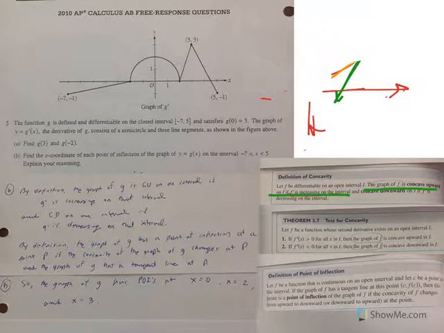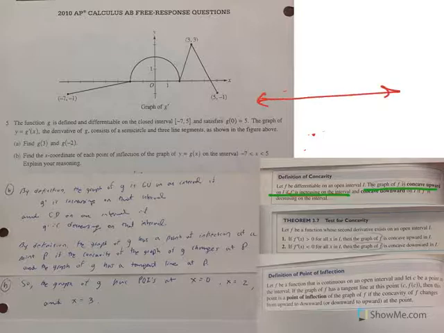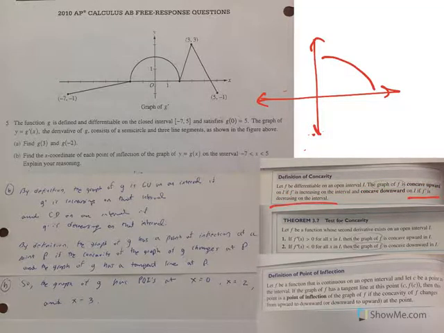And then if you look at what it means for a graph to be concave downward, so suppose you have a graph that looks something like this. What does it mean that the graph is concave downward? If you look at the definition, it says here f prime is decreasing on that interval. And let's look at a couple of tangent lines to the graph here.